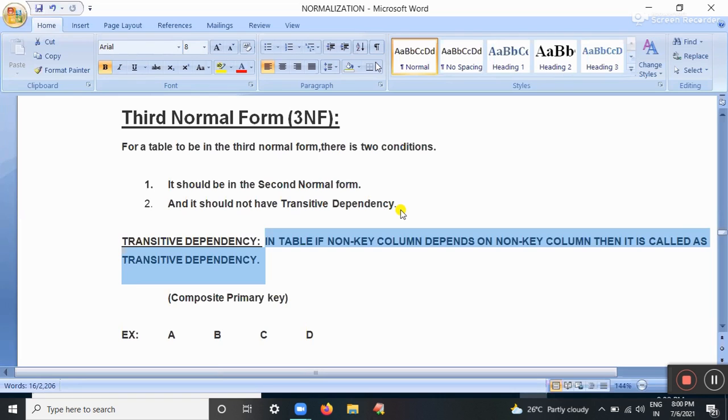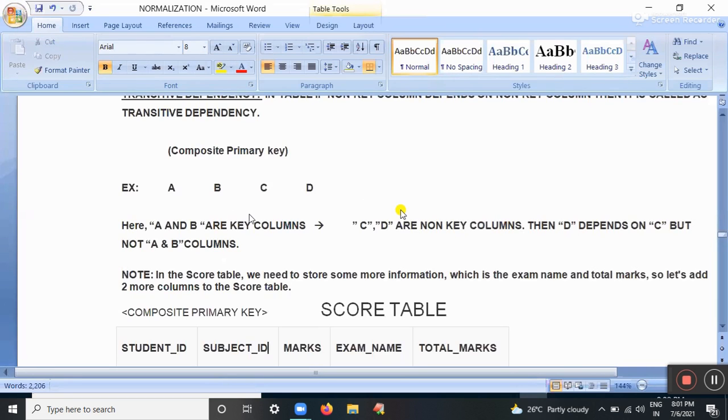Below is the example statement. In this example, A, B, C, D: here A and B are key columns, a composite primary key. C and D are non-primary key columns.